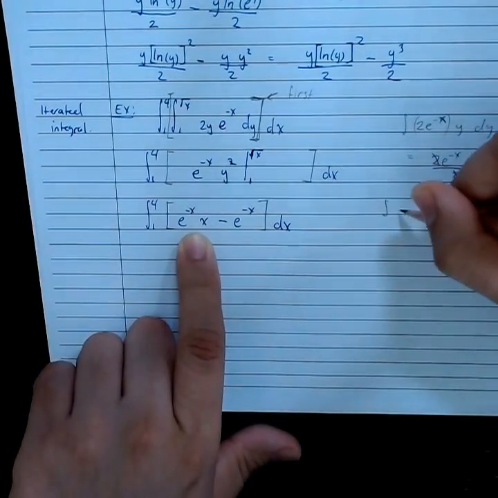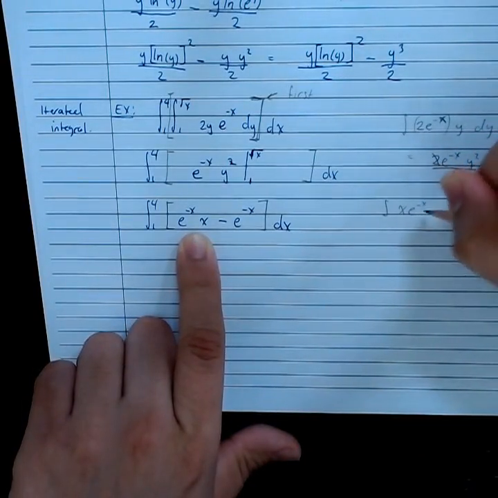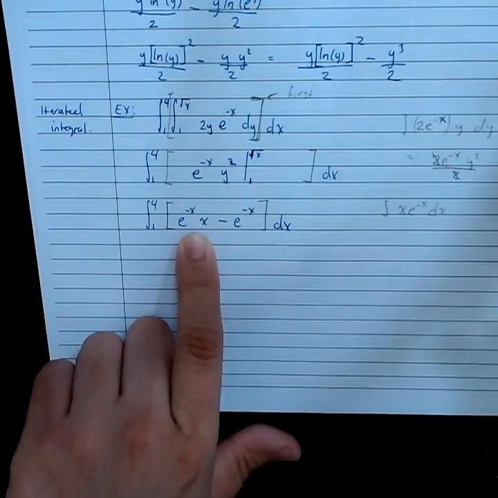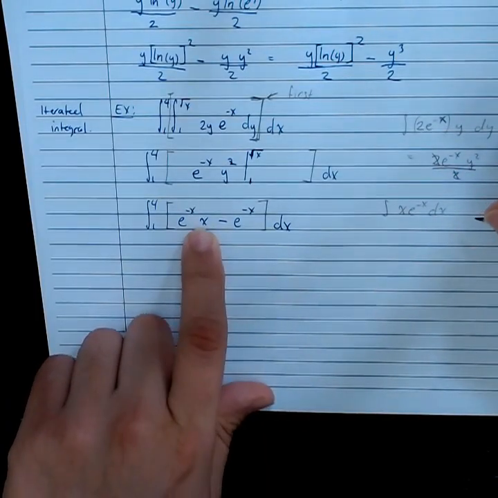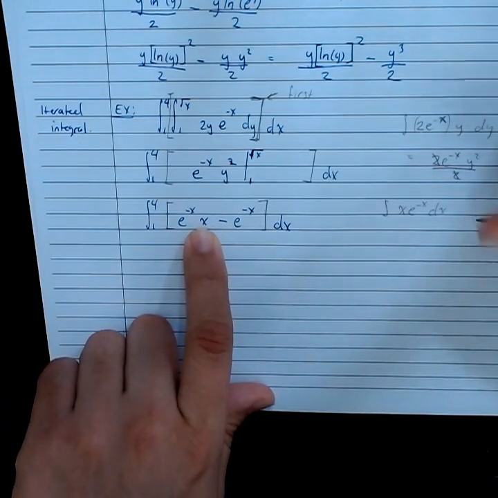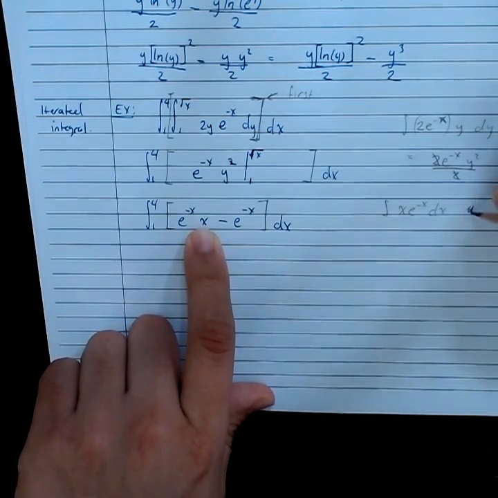If I take the integral of x e to the minus x dx, I'm just worried about that part, that's going to be integration by parts. If I take x and call it my u, then du is equal to dx.